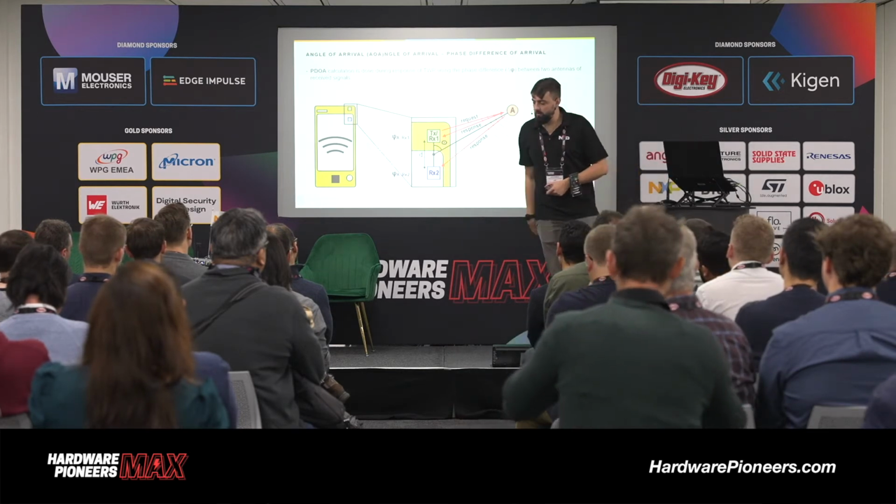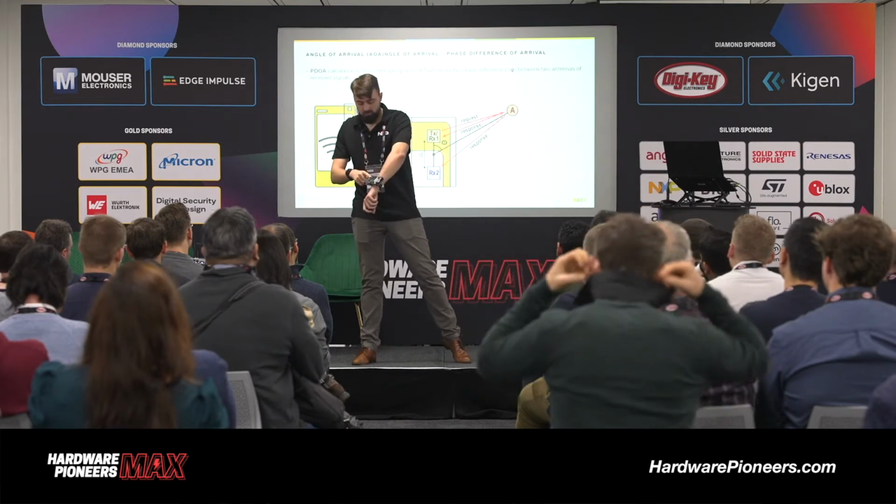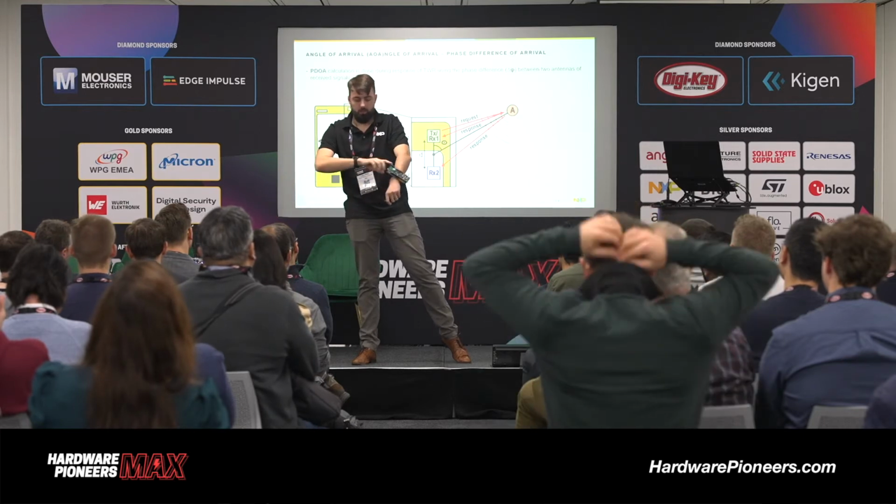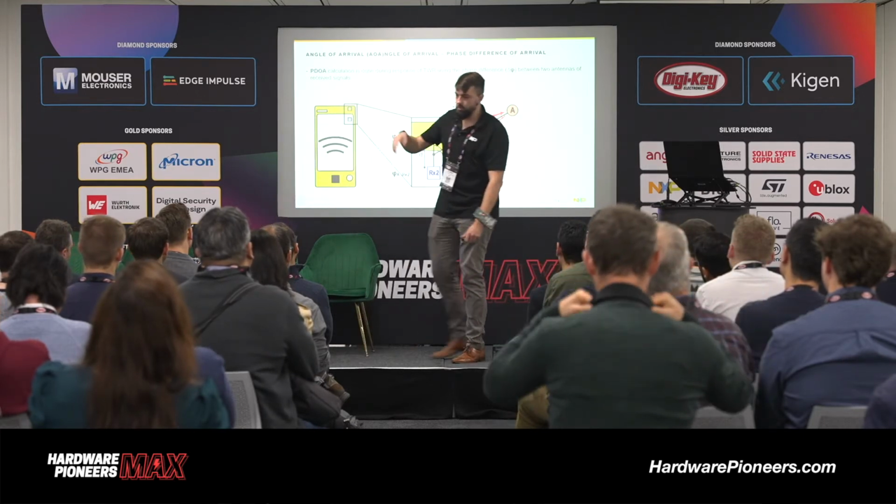You can see there, if you have a signal sent from this device, these two antennas measure the angle, and then this rover follows it. But I'll show you that later.